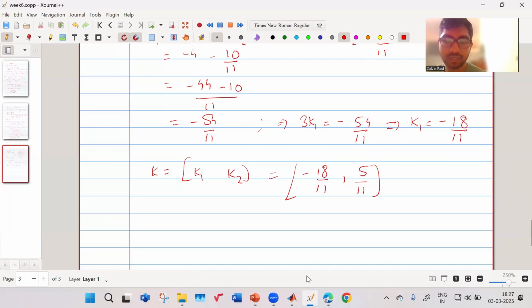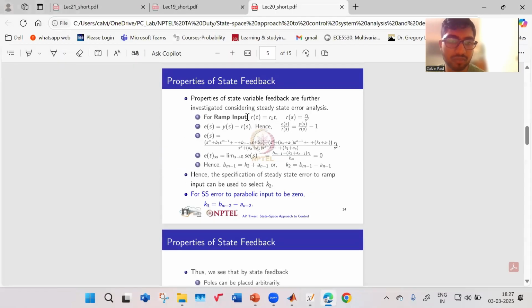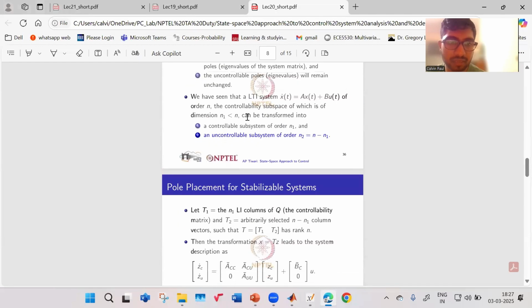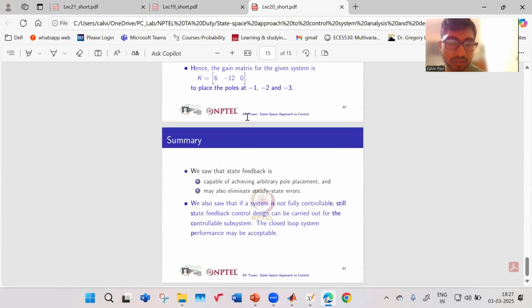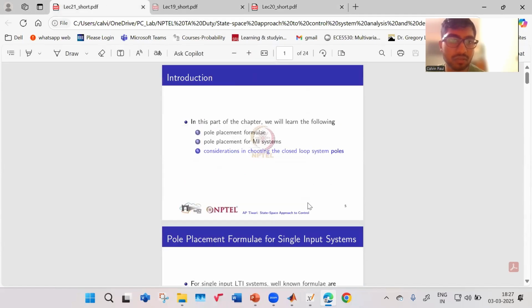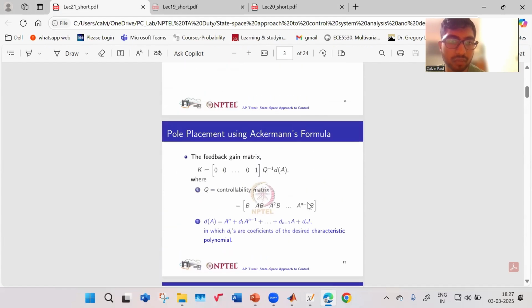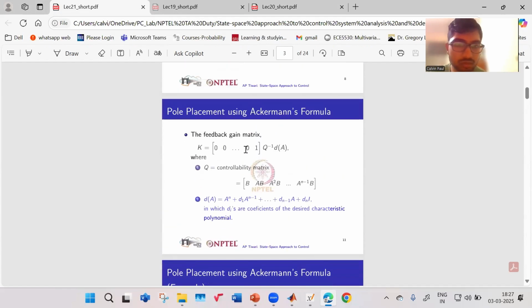What we could do instead is try the Ackermann formula. Just check whether that becomes easier. The Ackermann formula is given by K is 0, 0, 0, 1 Q inverse D of A, where D is built from the coefficients of the desired characteristic polynomial.